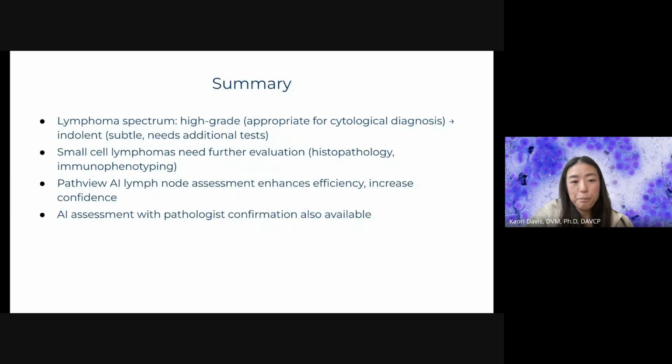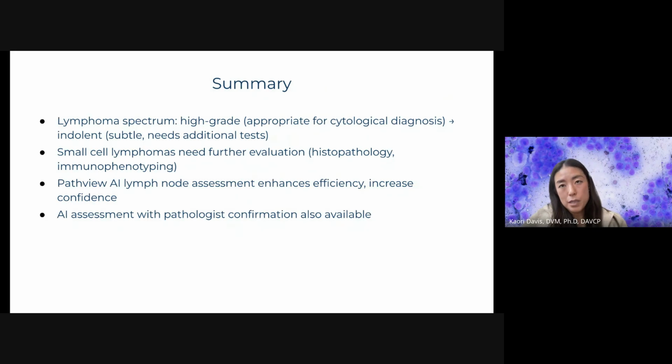So in summary, lymphoma is a spectrum of very different and very heterogeneous group of diseases, ranging from slow growing to indolent disease to rapidly growing and very aggressive disease. Small cell lymphomas can be challenging in terms of diagnosis, especially for cytology.